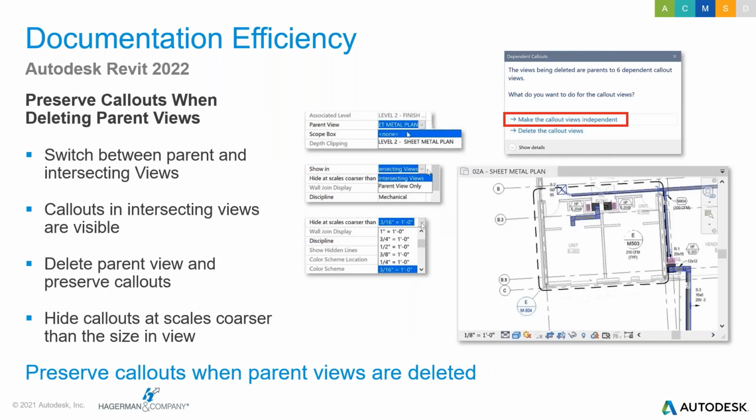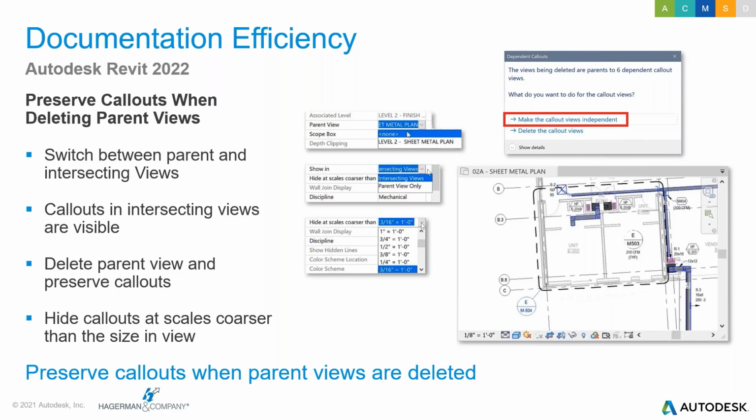In Revit 2022, you are able to preserve callouts when deleting parent views. The callout view is able to be switched between the parent view and all intersecting views. The callout views can be hidden by the hide scales coarser than setting from the properties palette. Setting the parent view to none will make the callout independent of the parent view.